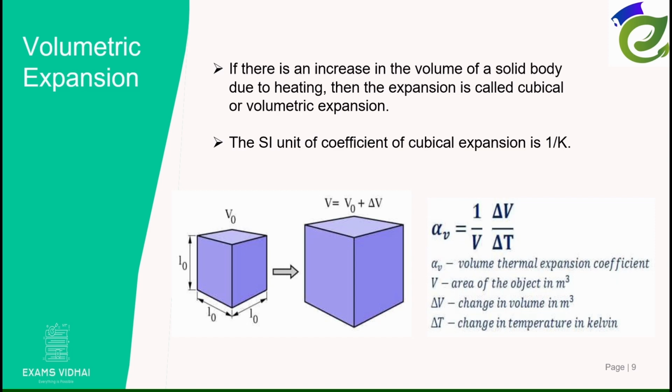So its formula is alpha V equal to 1 by V, which is the original volume in meter cube, and delta V is the change in volume in meter cube, and delta T is the change in temperature in Kelvin. SI unit of coefficient of cubical expansion is 1 by Kelvin.